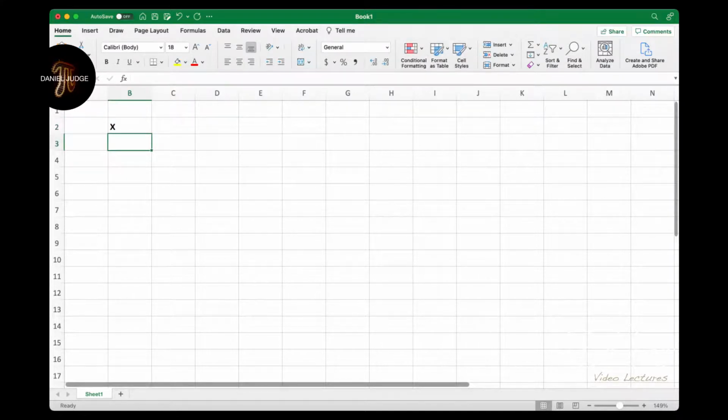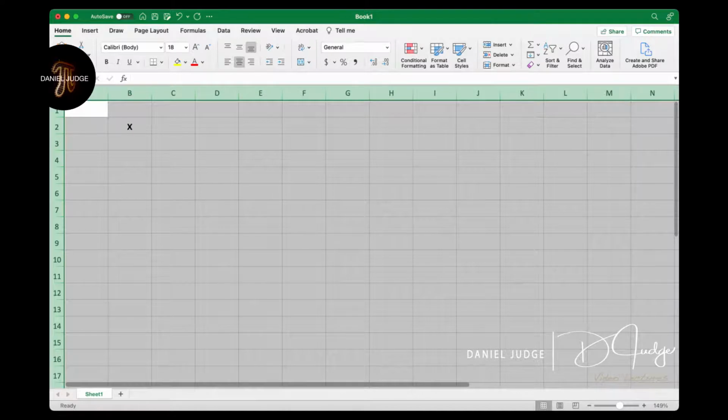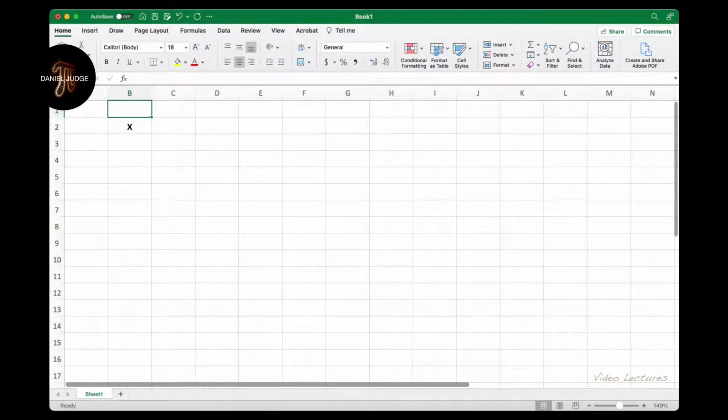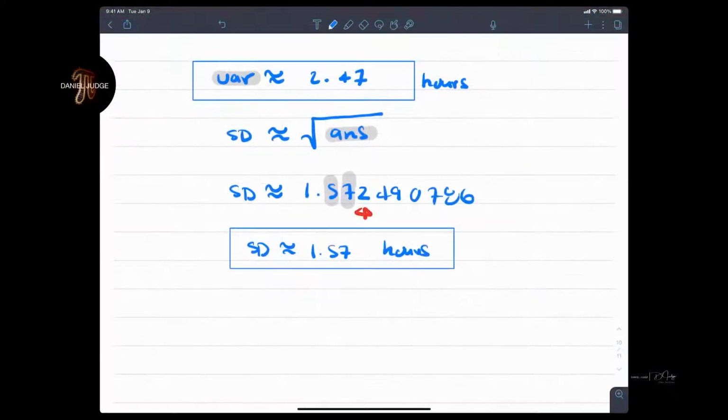Here's my X. This is my data values. This is going to be the sleep data. Remember, I'm just going to double check all of this. And ladies and gentlemen, we're going to enter the data values. You say, where do we get those data values? That's all the data that we already had here, right?